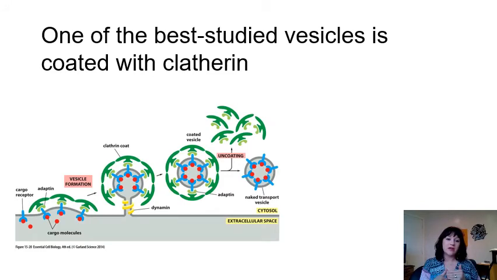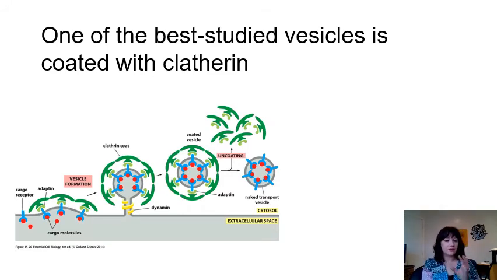And then we said that these proteins that coat the vesicle also determine what actually gets put into that vesicle. So you can see that the protein clathrin is interacting with the cargo via first an adaptin protein and then also a cargo receptor. So only certain cargo proteins will bind to specific cargo receptors.